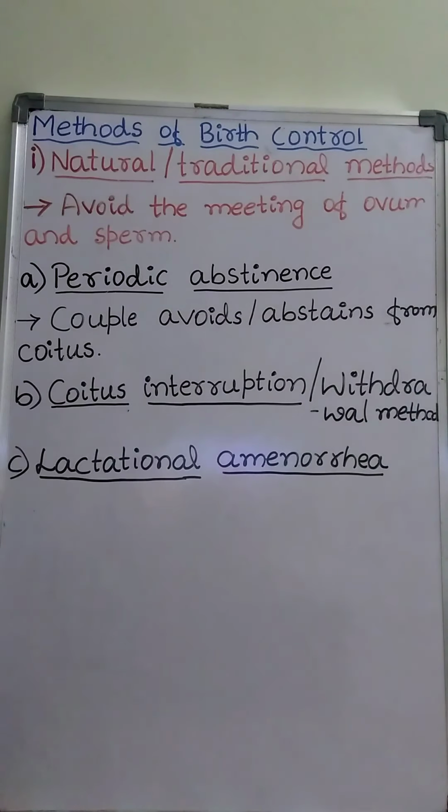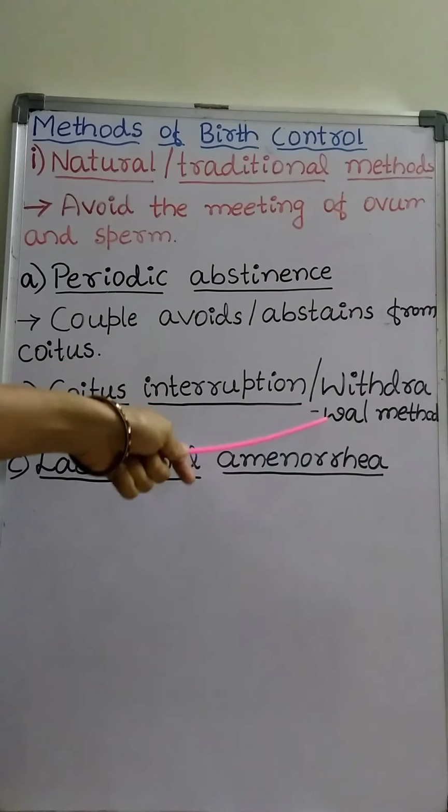It avoids insemination, that is, the transfer of sperm into the female reproductive system or vagina. Thereby, pregnancy or conception is prevented by the coitus interruption or withdrawal method.